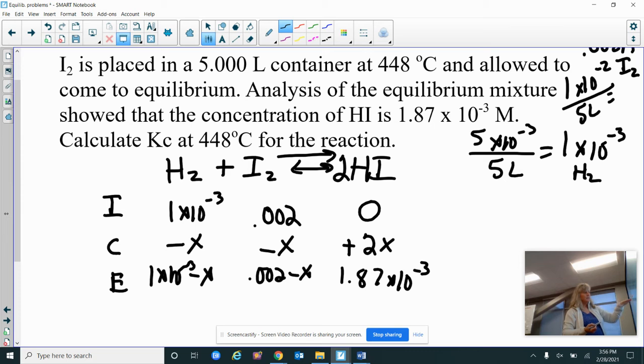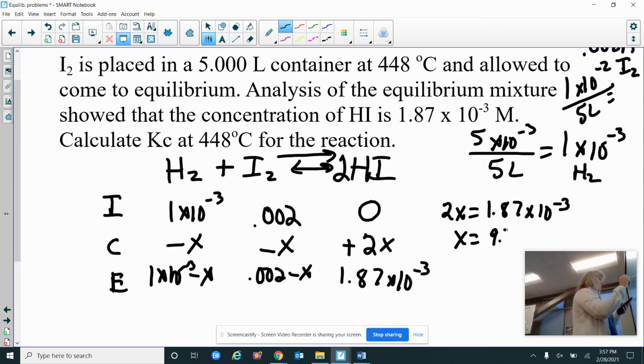I know that 2X has to equal that number. So 2X has to equal 1.87 times 10 to the minus third, because I started with 0 and ended at that. So 1.87 times 10 to the minus third divided by 2. So then X is 9.35 times 10 to the minus fourth.